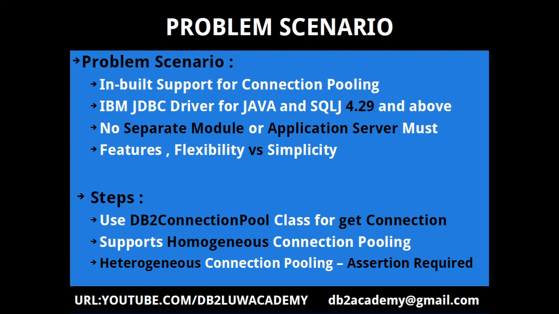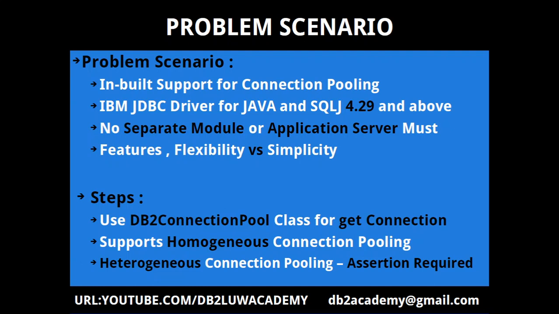But it will be more a question of features and flexibility versus simplicity, because I'm not sure. The application server providing the connection pooling, or a separate module whose purpose is connection pooling itself, might have a lot of features and flexibility in managing the pooled connection objects.